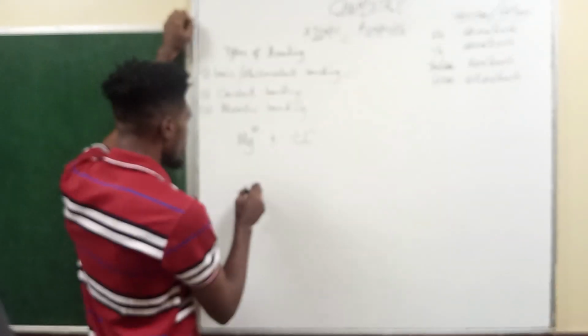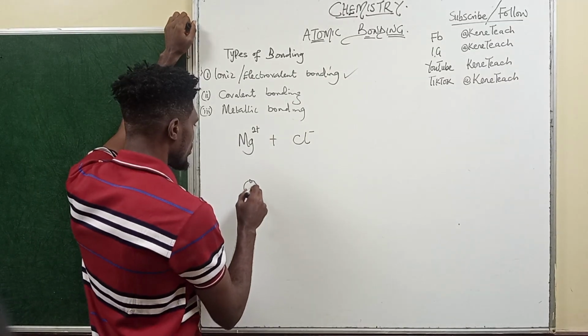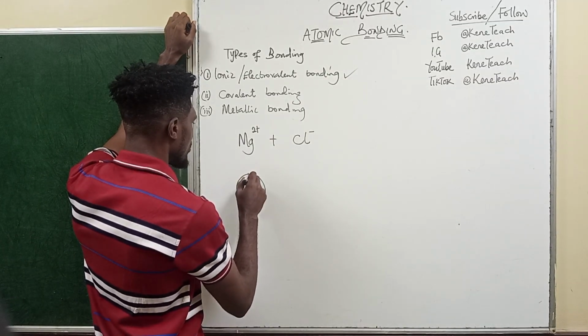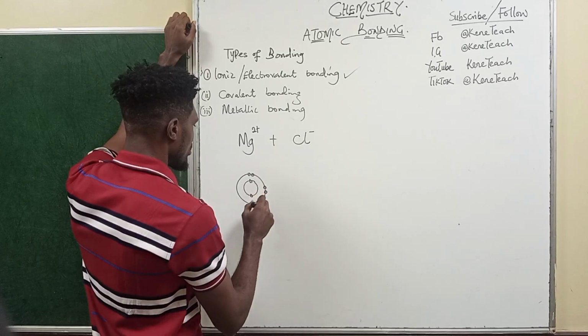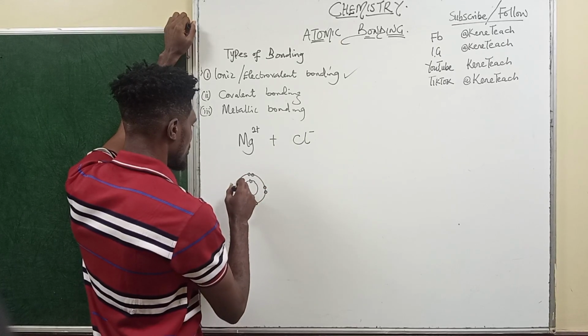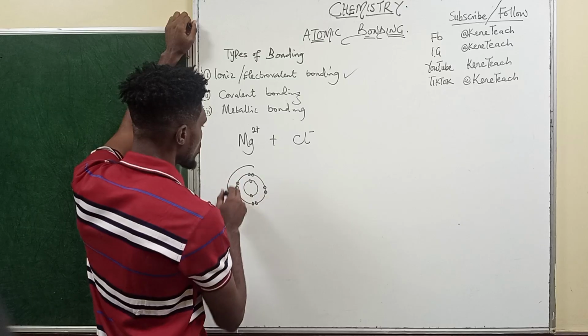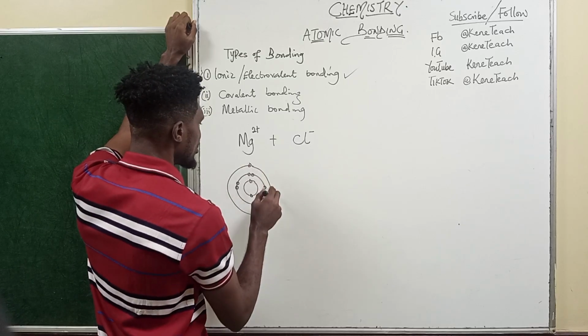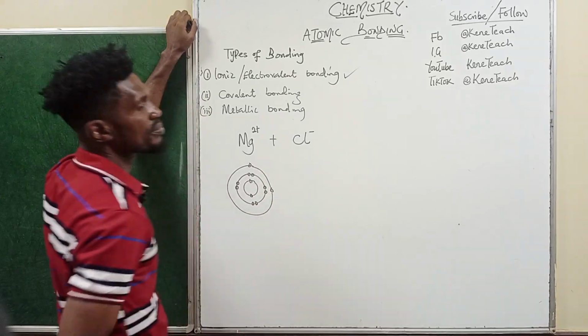So here we're going to draw magnesium. So this is 10, remaining 2. This is a magnesium atom.